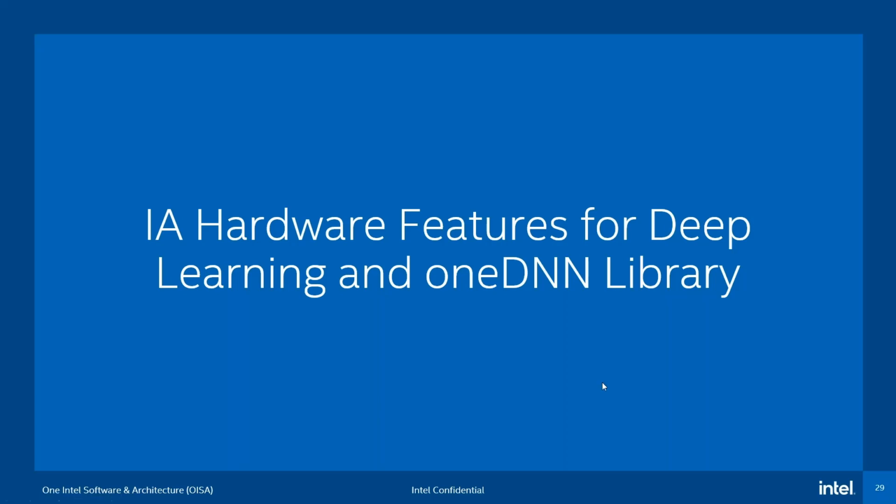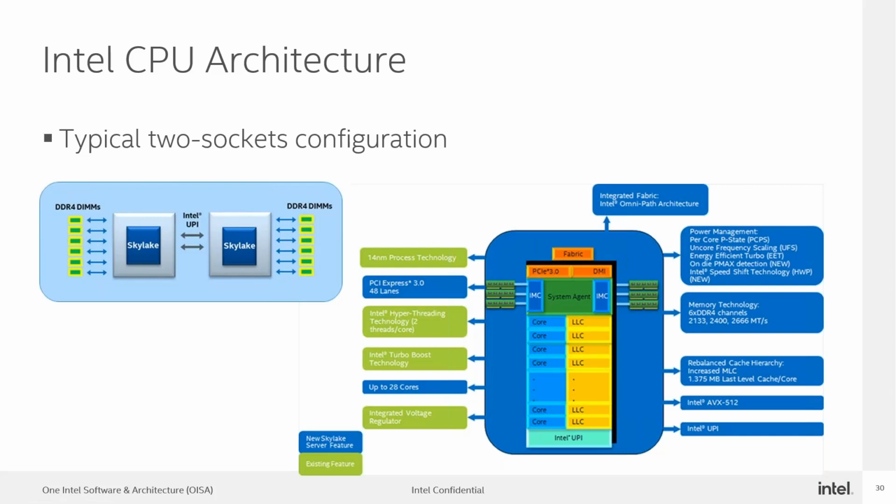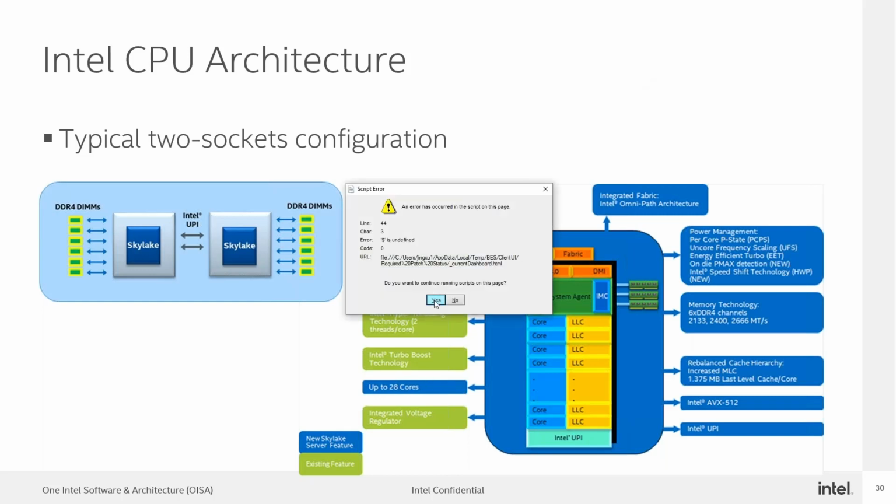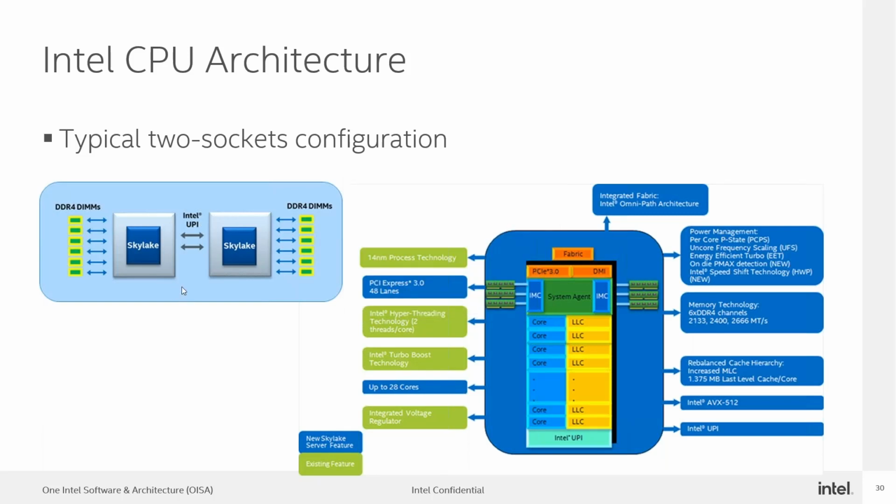So this graph shows how Intel CPU architecture looks like. Basically, for Xeon servers, we have two sockets on motherboard. So each socket you can consider it to be one CPU chip.